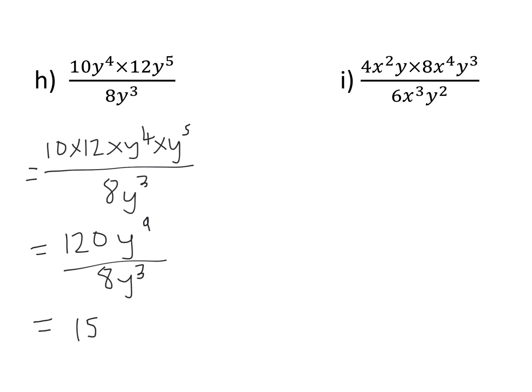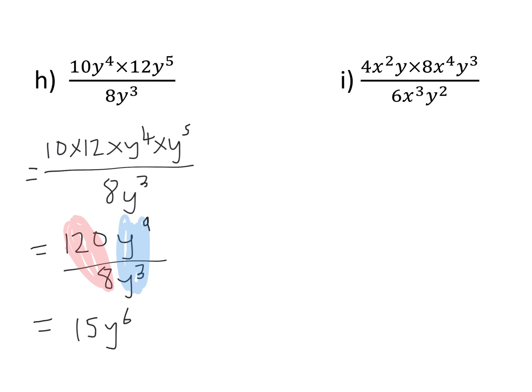And then y to the 9 divided by y to the 3. Bases are the same, we're dividing, so you subtract the powers. Y to the 6. So in a sense, I'm thinking of that as one calculation, 120 divided by 8, and then I'm thinking as this one here as another calculation.